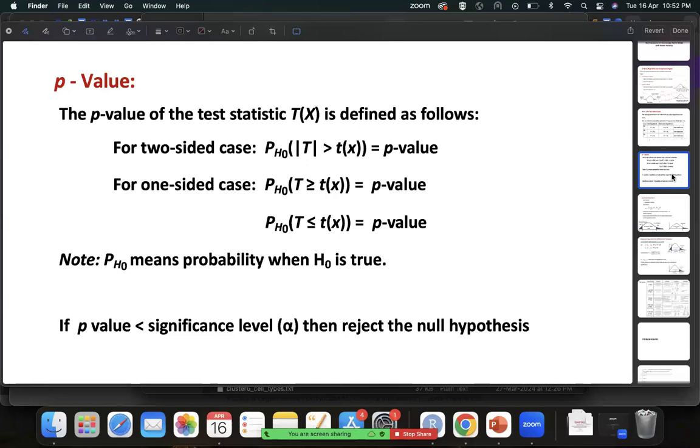So p-value is basically the value of your alpha.